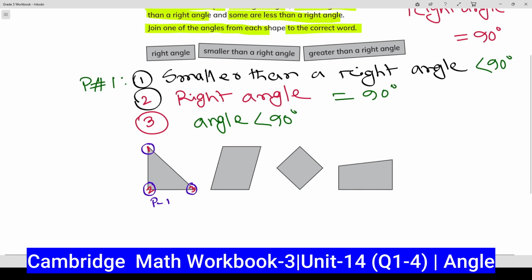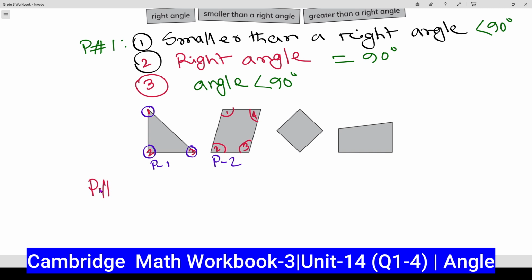Next, photo 2. This is greater than a right angle. This is lower than a right angle. So we can mark, then we can easily understand. 1, 2, 3, 4. So photo 2. First angle, it's an angle higher than 90 degrees.